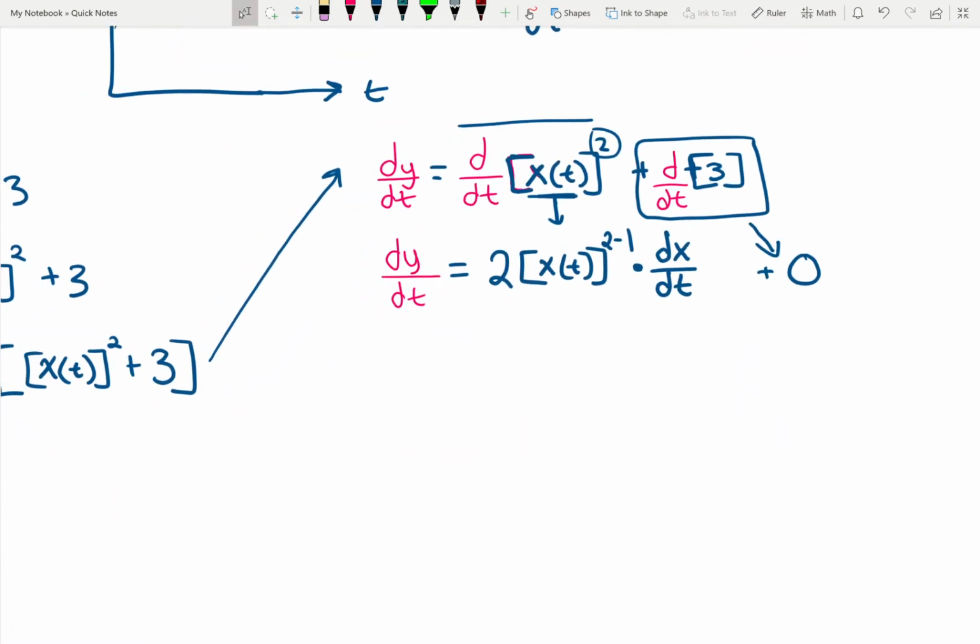Alrighty, so we're almost done here. Let's just simplify. So we have dy/dt equals 2 times x of t times dx/dt, because 2 minus 1 is just 1.